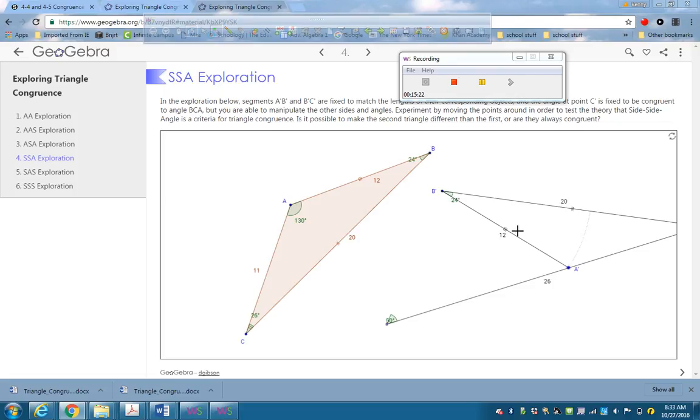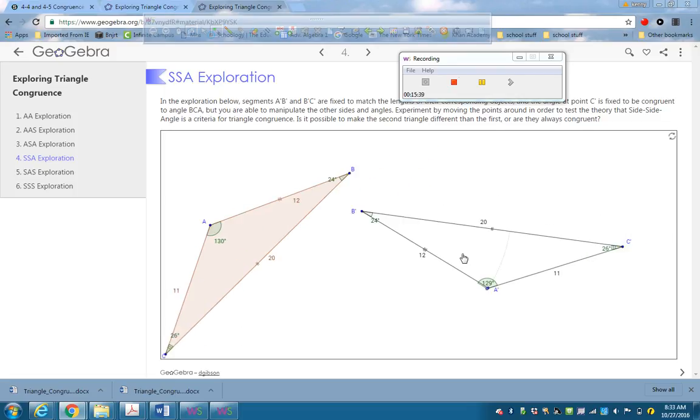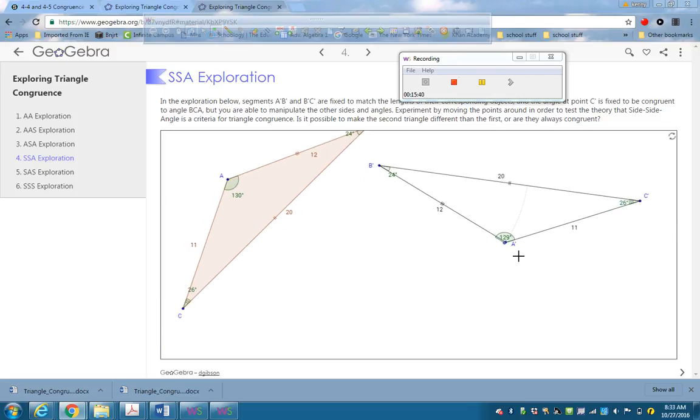See, this triangle has a, oh, I know what I'm doing wrong. This triangle is the same as that triangle, right? 11, 12, 20. Yeah. 130 degrees, basically 24 there, 24 there. This angle over here is 26, right?